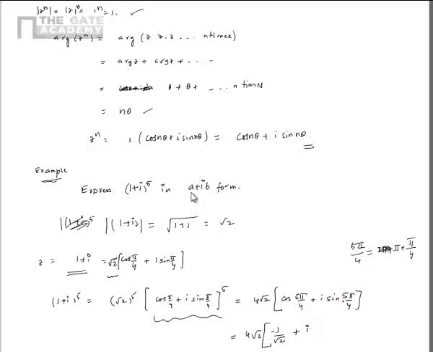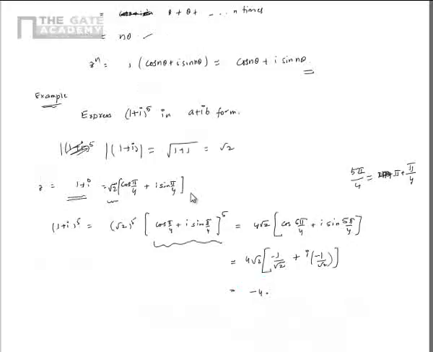It's in the third quadrant, so both sin and cos are negative. So this you can simplify as minus 4 minus 4i. Okay, so this is how you find the power easily. Always express the complex number in the r(cos theta plus i sin theta) form, and then it's just using De Moivre's theorem.